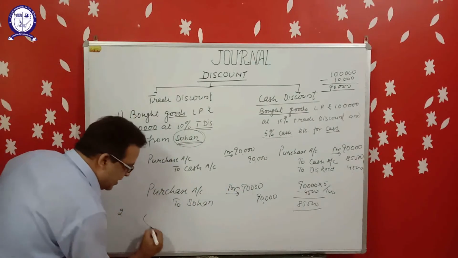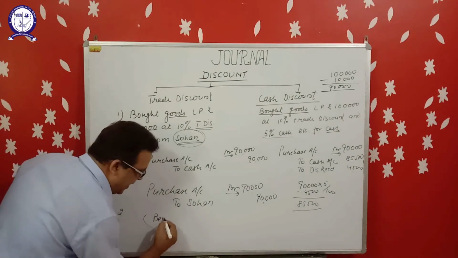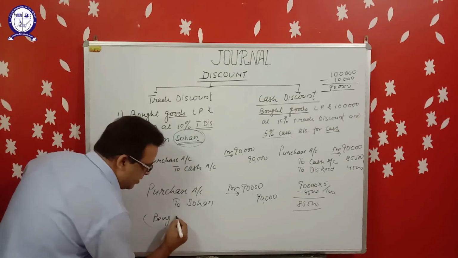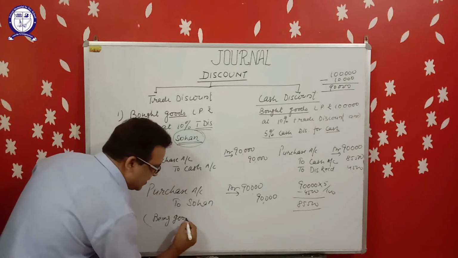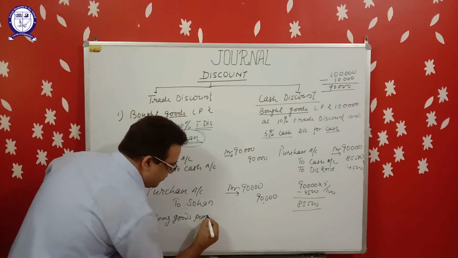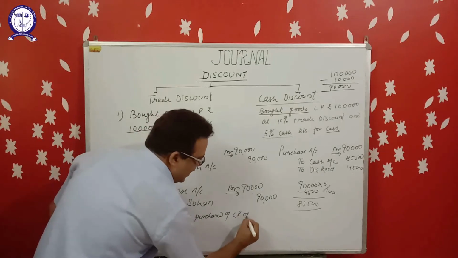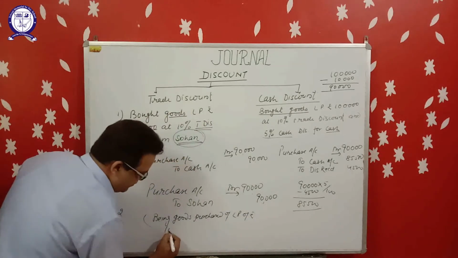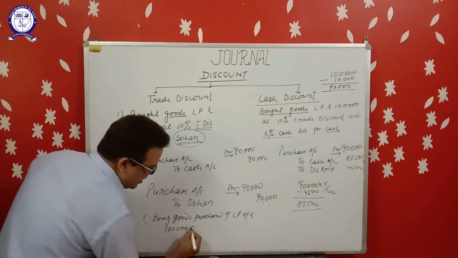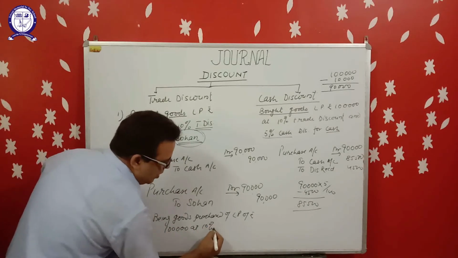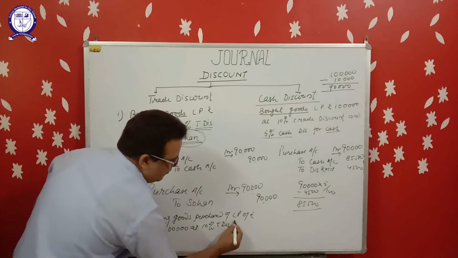You can write in narration, being goods purchased of list price of rupees 1 lakh at 10% trade discount from Sohan.